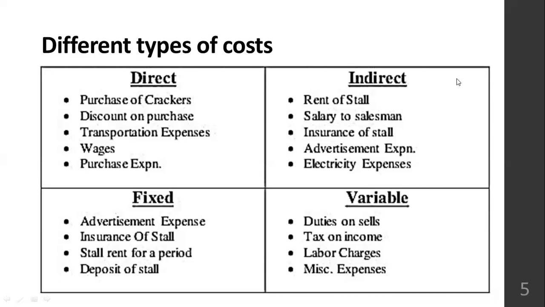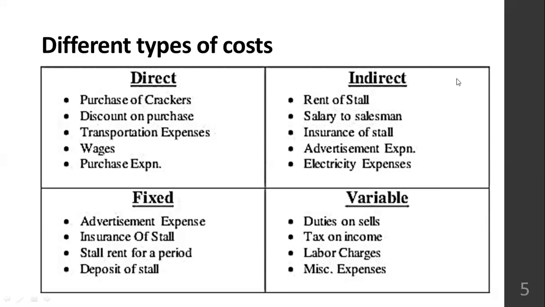These are the examples of direct cost which are directly a part of the production. These direct costs are directly associated with your production, manufacturing, or services. Because when you process the things that you have purchased, you will sell it to your customer. That is direct cost.